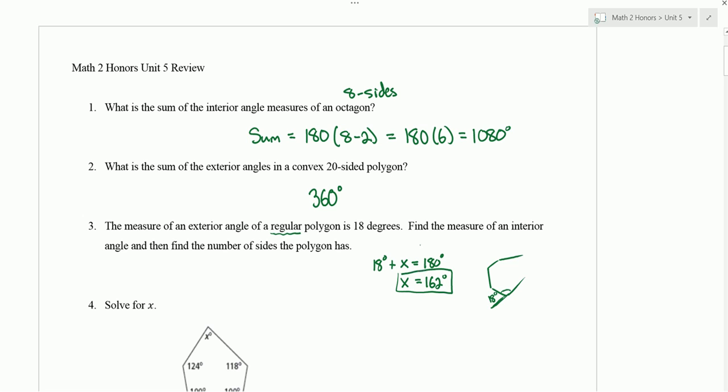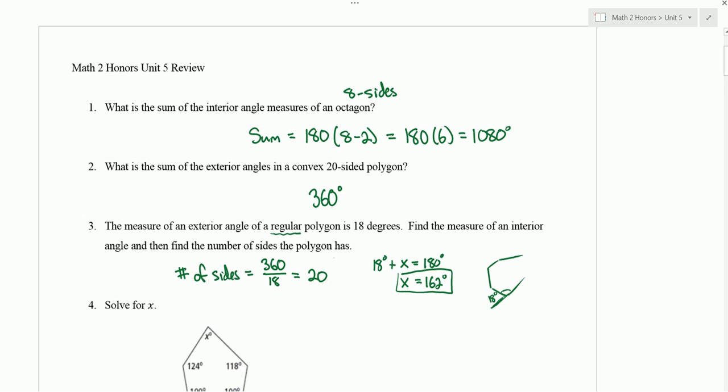And then we want to find out how many sides there are. Well, remember, the sum of the exterior angles is 360 degrees. So what we can do here is say the number of sides is equal to, well, how many 18 degrees can we get in 360 degrees? So 360 divided by 18, and this is 20.